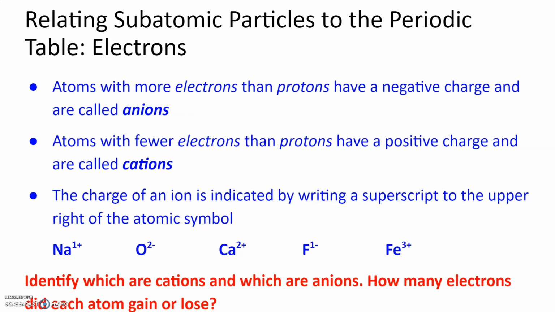Calcium, 2+, is a cation, and it lost 2 of its electrons. Fluorine, 1-, is an anion, it gained an electron. And last but not least, iron, 3+, is a cation, and it has lost 3 electrons.